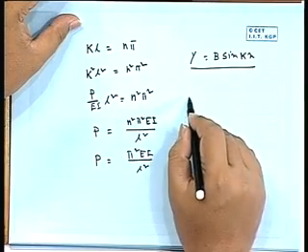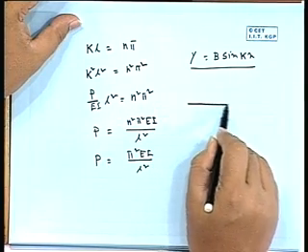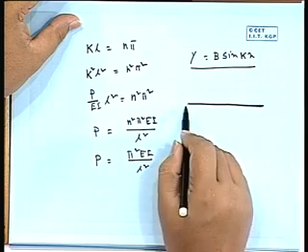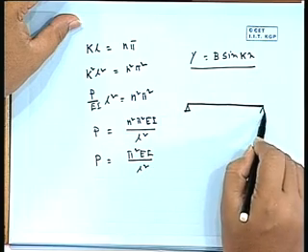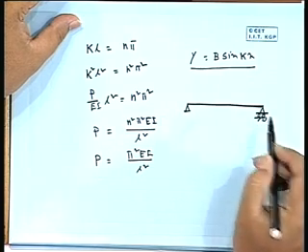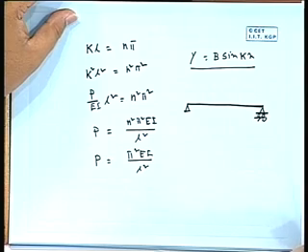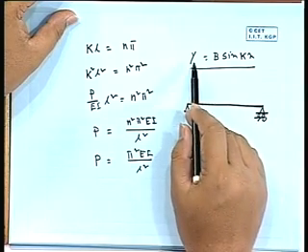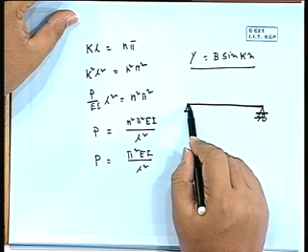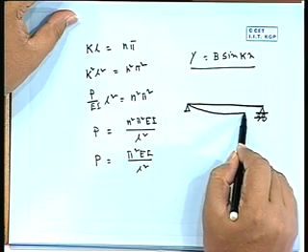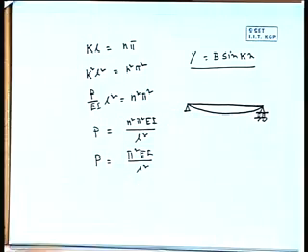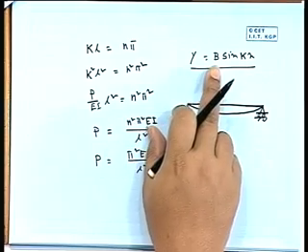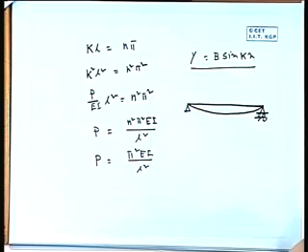Now if I draw the beam again, it will be deforming like this, right? So y equal to b sin kx.